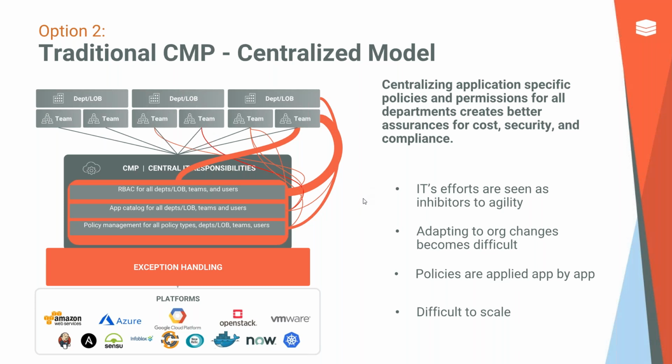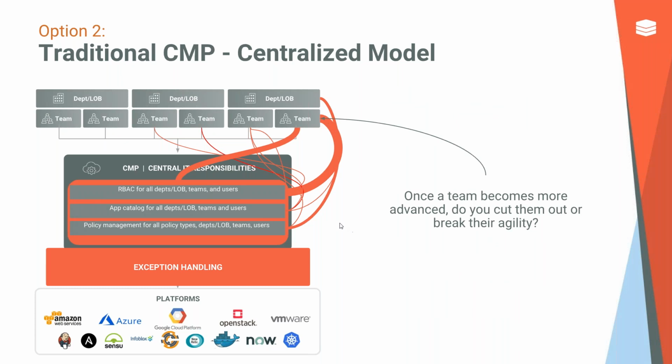Yeah, so why don't we go to the last, the third option, Ron? Sure. Just like you said earlier, when you have this very advanced team with all of these more advanced requests, what do you do with them? Do you kick them out of the system so they could do their own thing and be super productive?